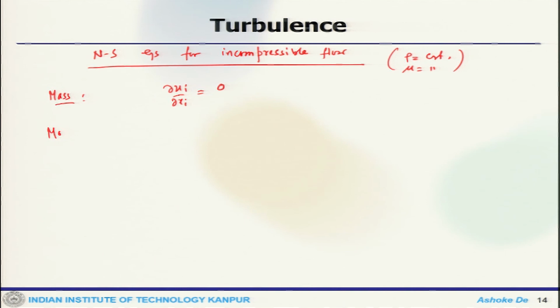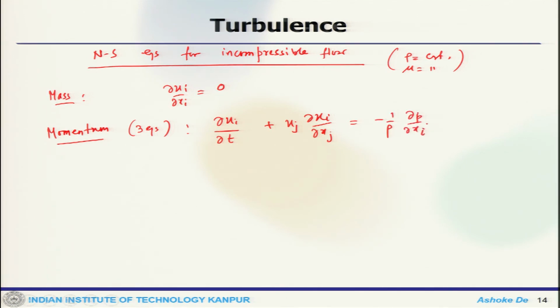Now, we have the momentum conservation equation, which is essentially three equations, but we can write in one single equation: del ui by del t plus uj del ui by del xj equals minus 1 by rho del p by del xi plus nu del squared ui by del xj del xj. So, that is my momentum conservation.